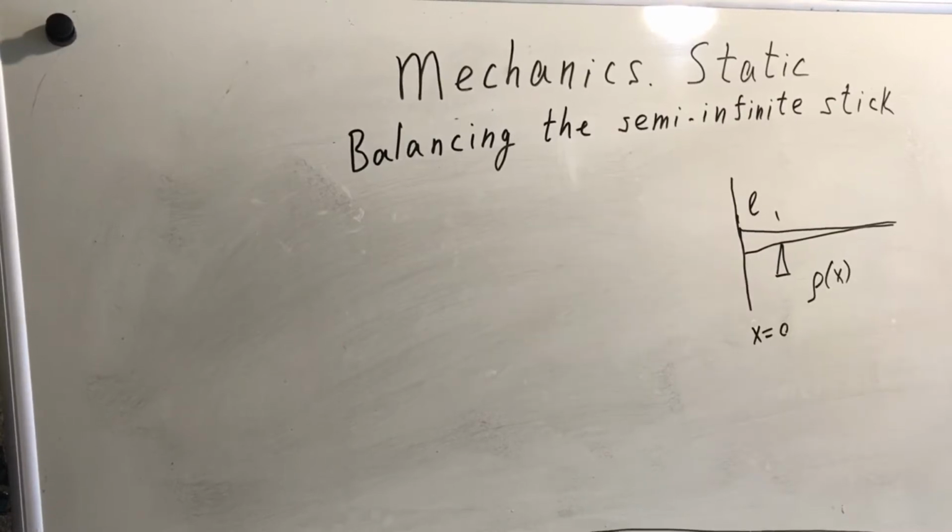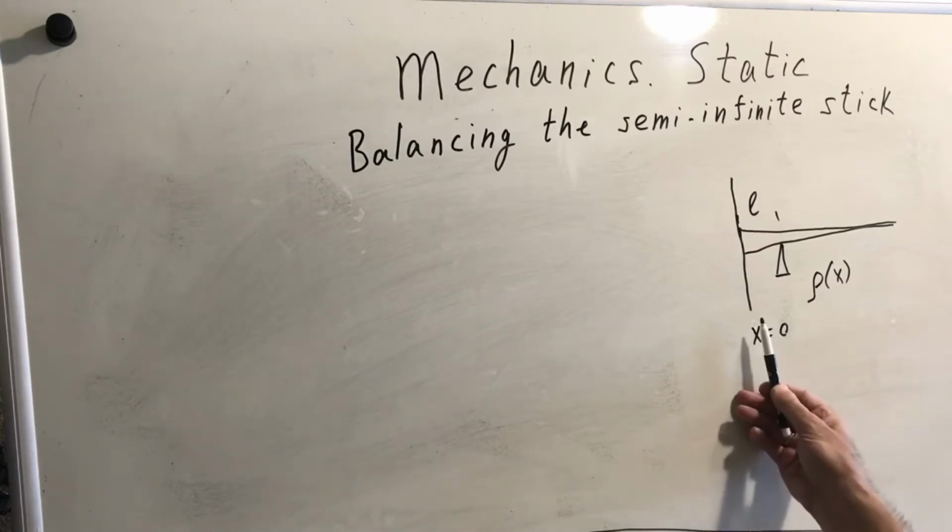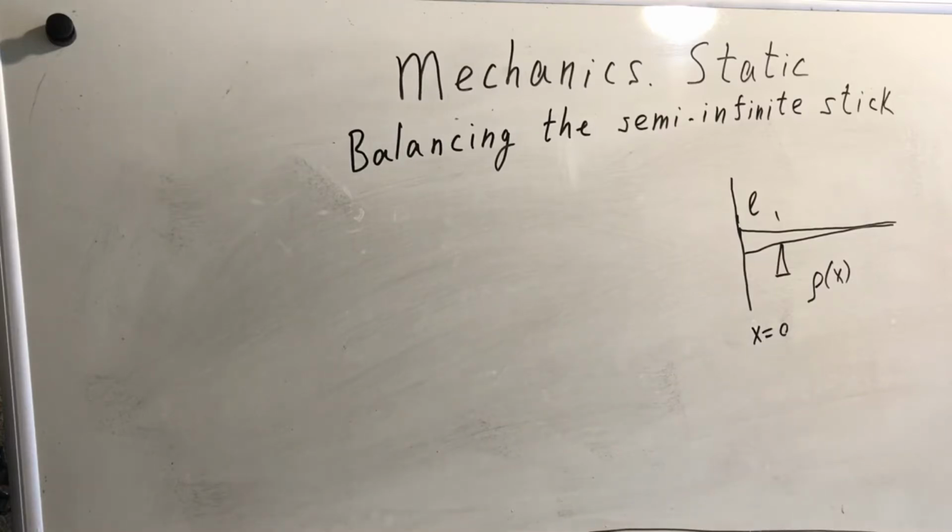To solve this problem, we first have to write the equation for balance of this stick around this point. It means that the total torque must be 0. Suppose that this is the beginning of our coordinate system, x equals 0.